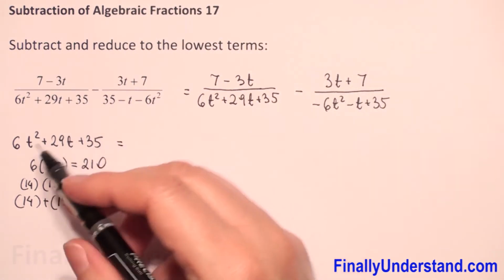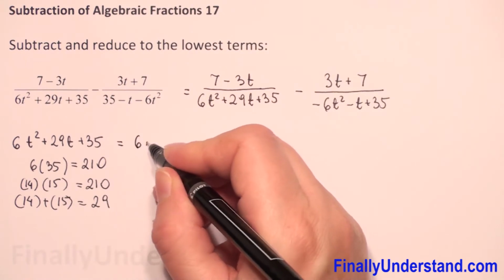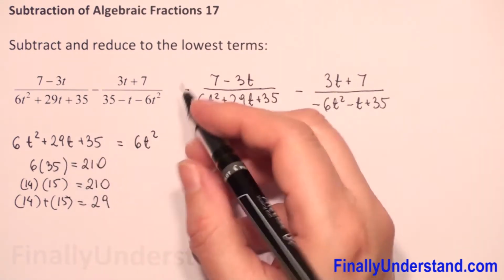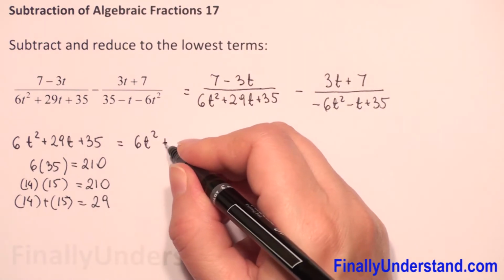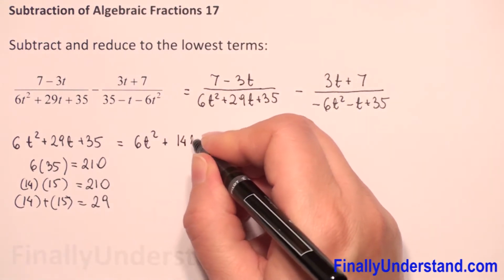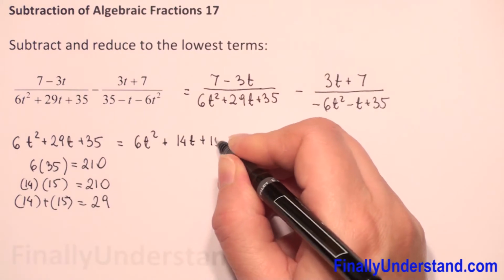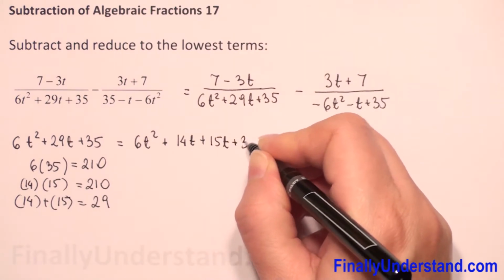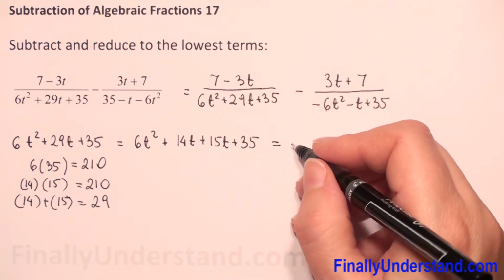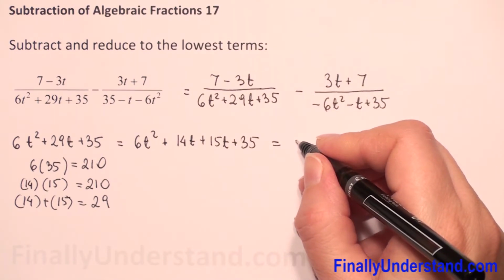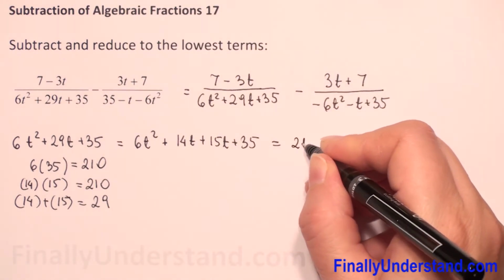So now I copy first expression 6t squared, and 29t I can rewrite by using these two numbers. So it will be plus 14t plus 15t plus 35. So now from the first two expressions I can factorize 2t.